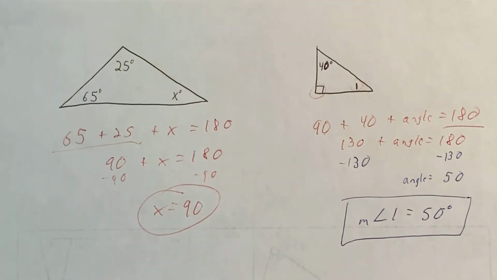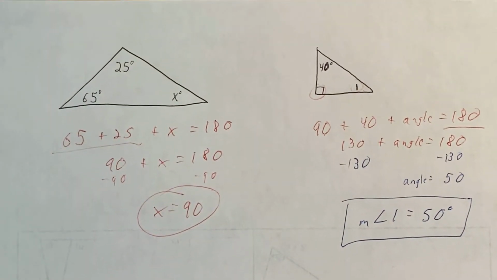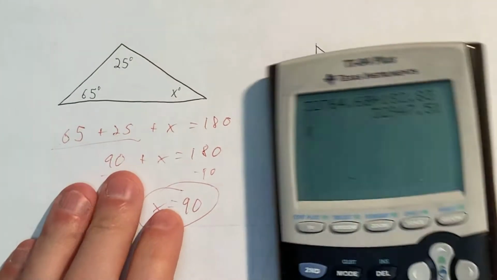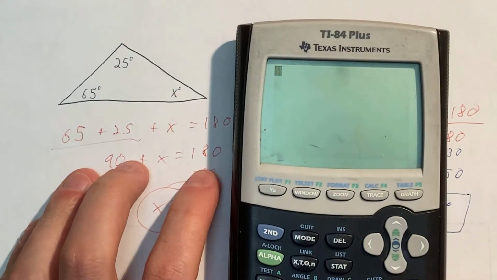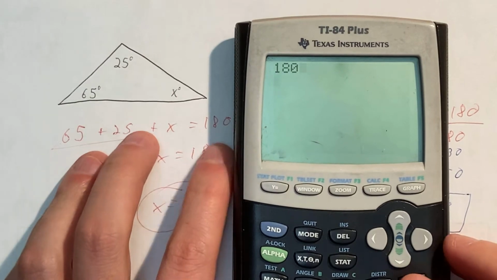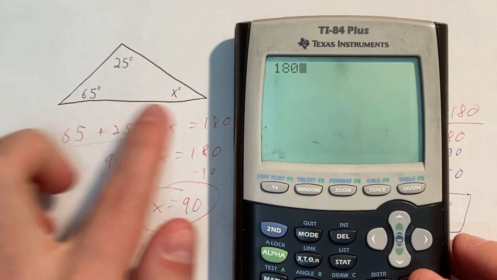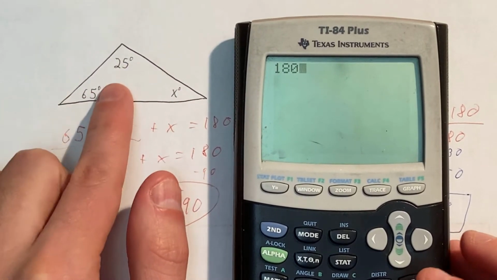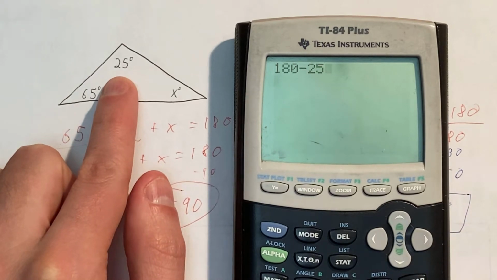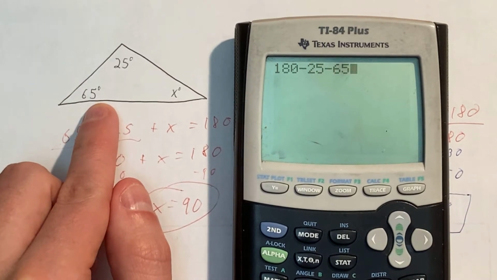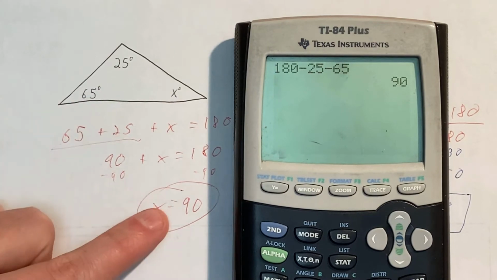The other way to do it, I'll grab a calculator, is that you can actually start with the number 180. And then since the whole thing is 180, you can subtract these parts. So minus the 25 minus the 65 would go ahead and get you the 90 that we got.